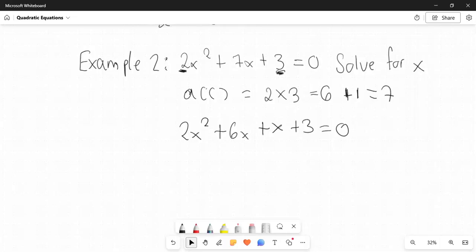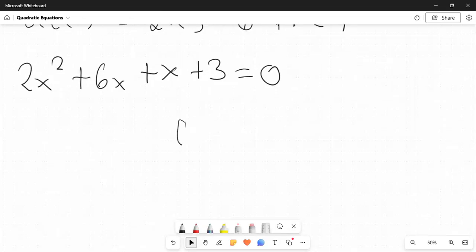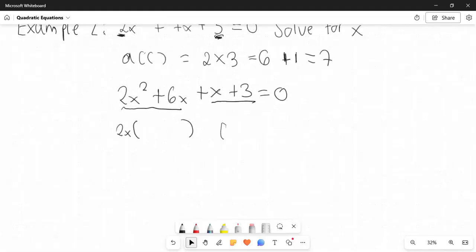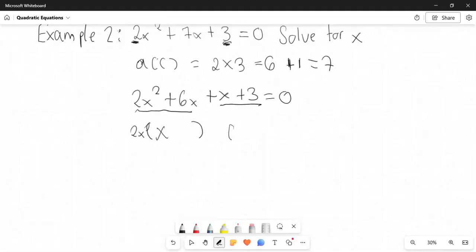These are two different groups, so we check which terms are common in group 1. 2x is common, so in this case it will be 2x times (x plus 3).